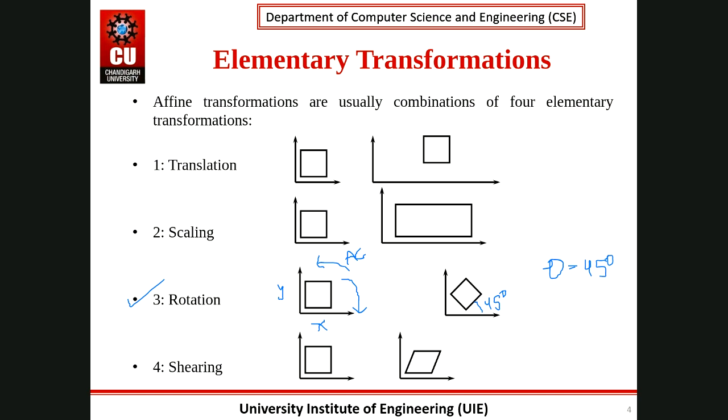The last transformation I am discussing here is shearing. Shearing means distortion in the shape of the object. As you can see here, this is my xy axis, and the y-axis has been distorted.